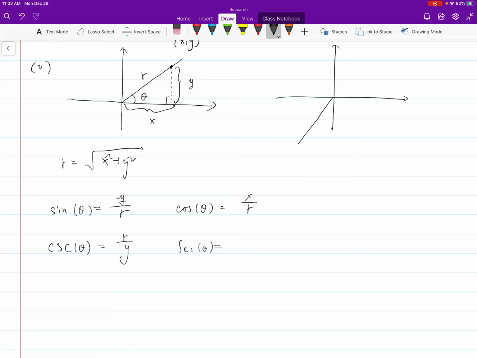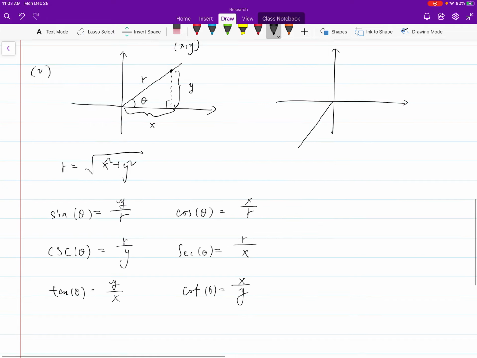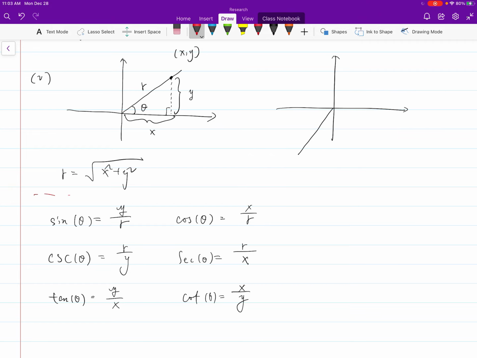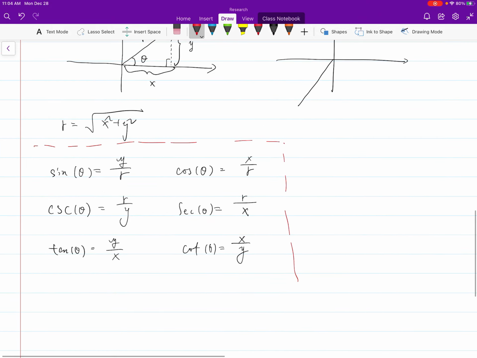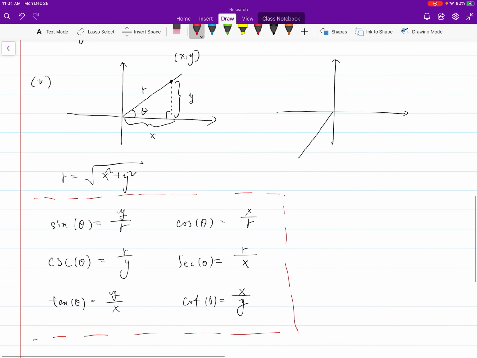Secant, r over x. Tangent, y over x. Cotangent, x over y. So automatically we can have this definition. Note, what do we need for this definition? We just need a point.